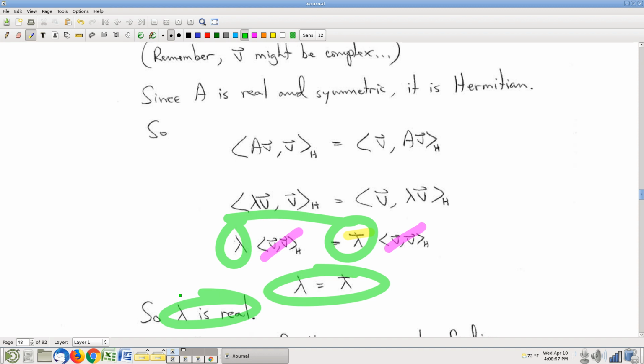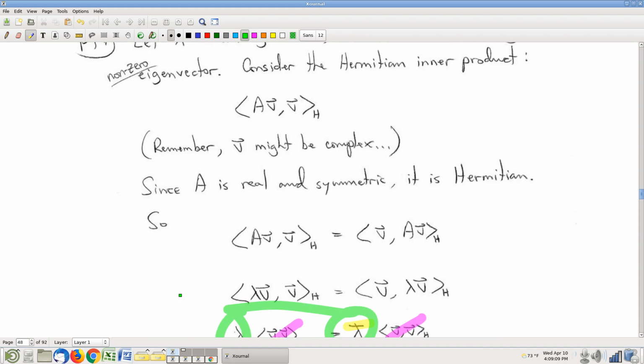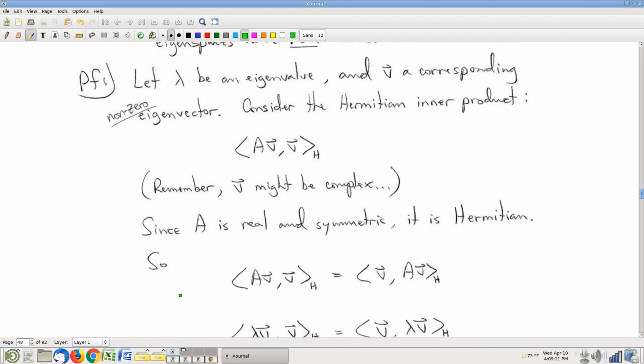It seems to have just come out of thin air. But there it is. So why can you turn AV into lambda V? Because by assumption, we're assuming that lambda is an eigenvalue and V is a corresponding eigenvector. That was our starting point.